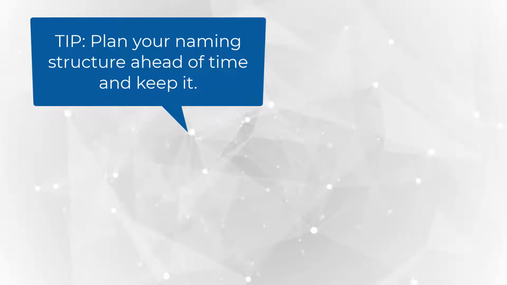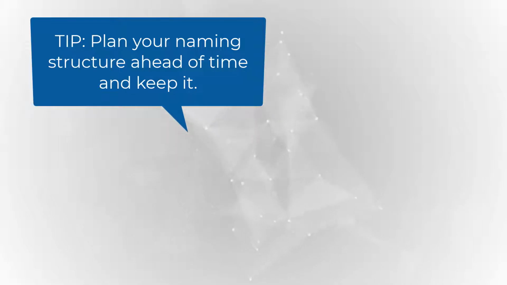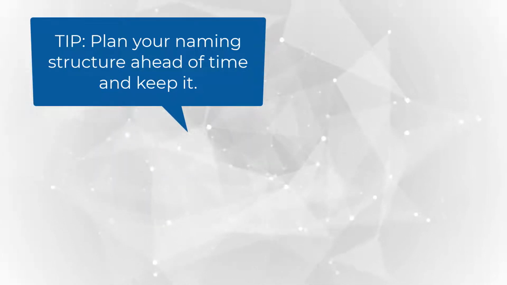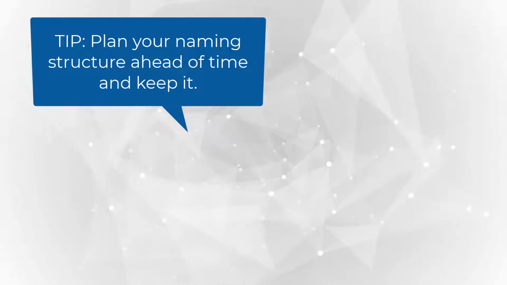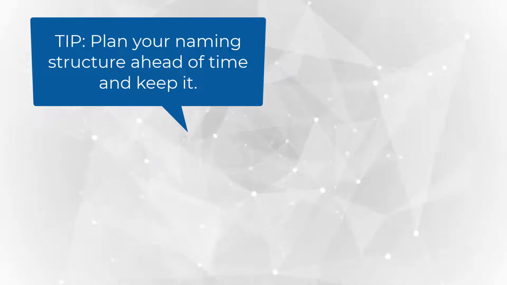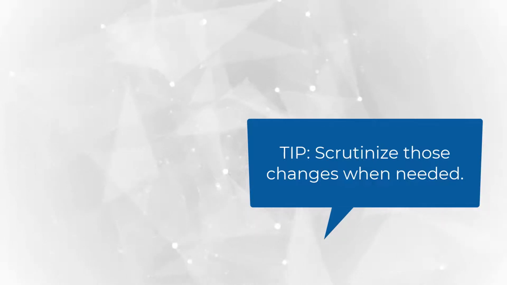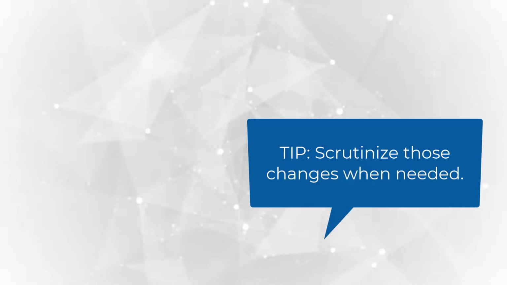We've changed things, and it's made the storage of data more difficult than it probably needed to be in a lot of cases. A lot of those changes were needed, right? As programs evolve, they need to change, but I guess scrutinize those changes would be my advice, especially naming structures.